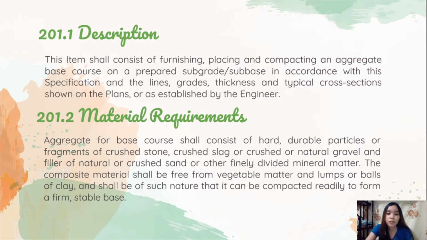If the area does not have available base course material, you can use 40% of weathered limestone blended with 60% of crushed stone or gravel, provided that the blended materials meet the requirements of this item.